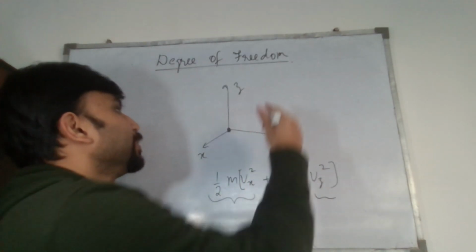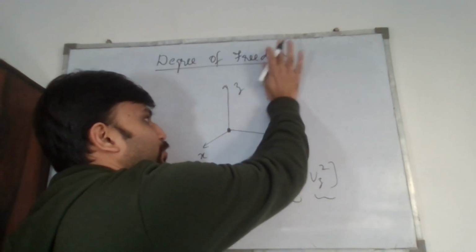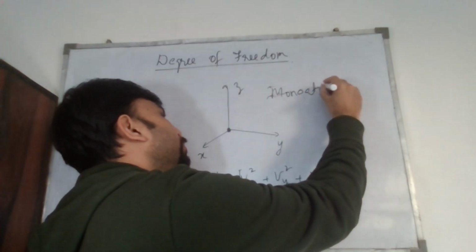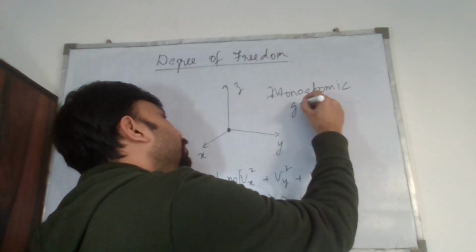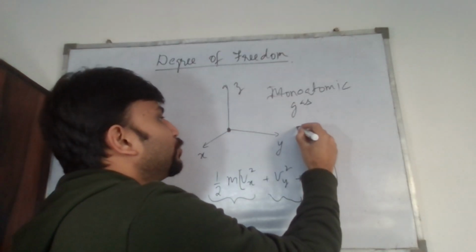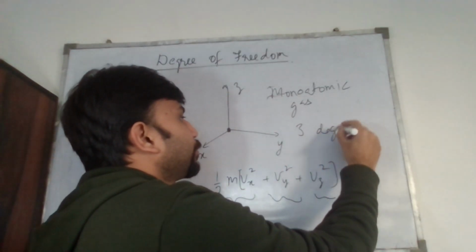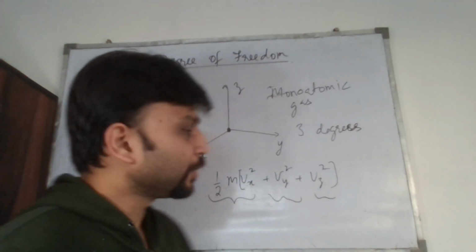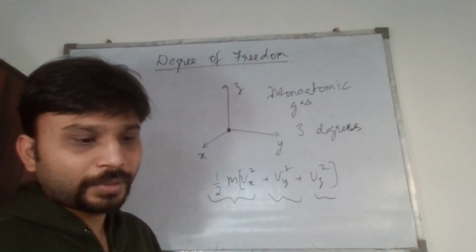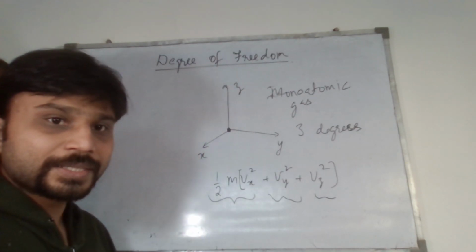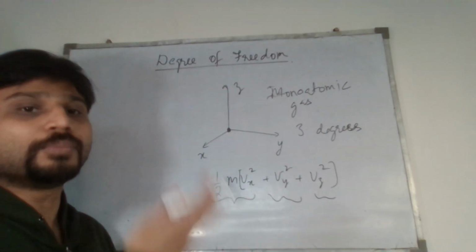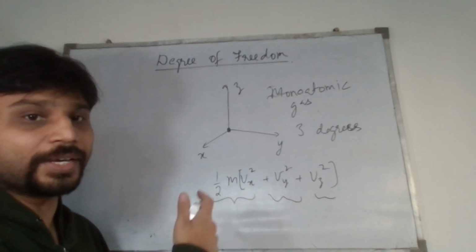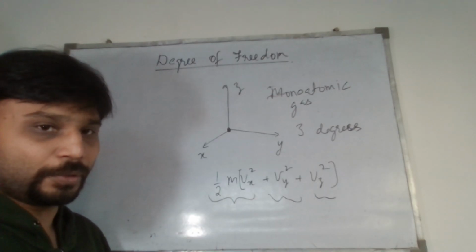So for a monatomic gas, we have three degrees of freedom. One, two, and three. From this, we are able to write the formulas for molar specific heat of gas and the molar specific heat of gas at constant volume.